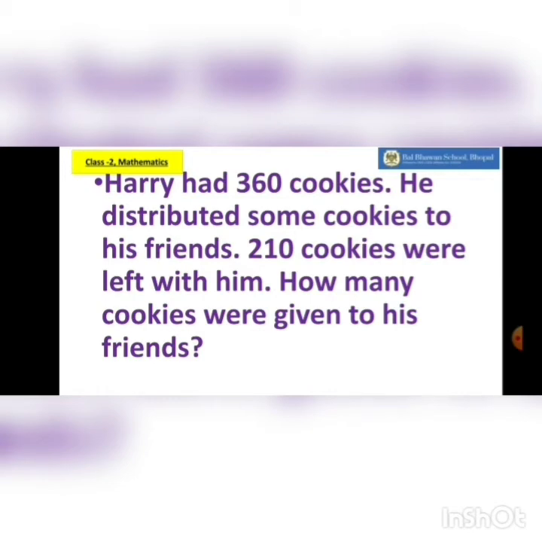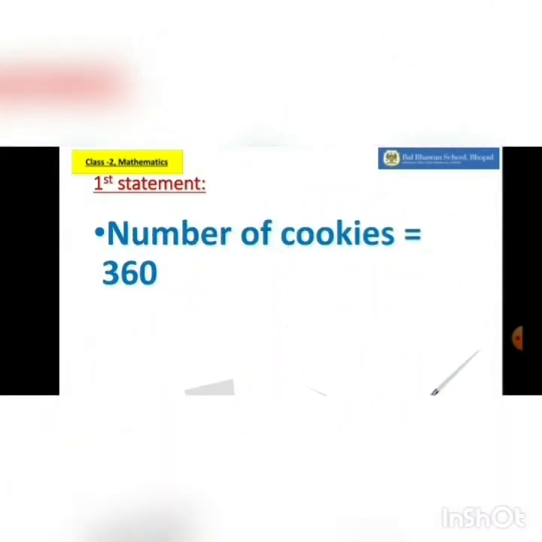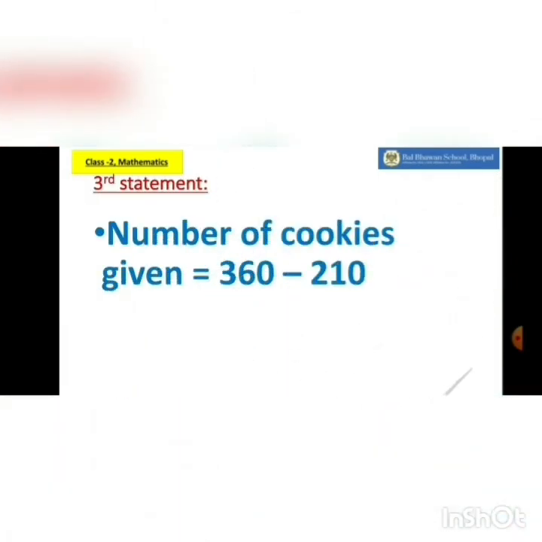So we know these two numbers. Now what we have to find out is how many cookies were given by him to his friends. Alright, so first statement is number of cookies is 360 and number of cookies left is 210. And the third statement is we have to find out the number of cookies given. So that would be 360 minus 210.